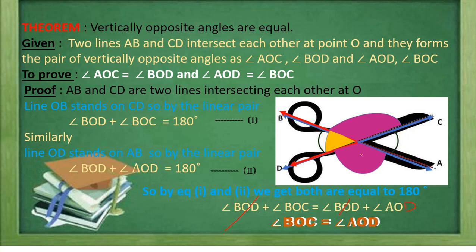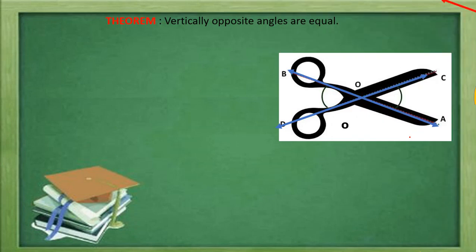Now for the other pair of angles, we have to prove BOD and AOC are also equal. So for proving this, again we observe here that ray OB stands on line CD.